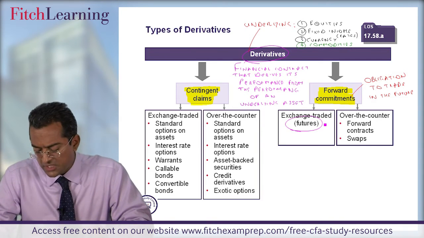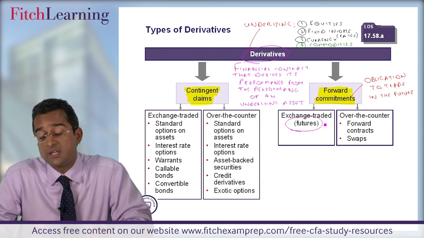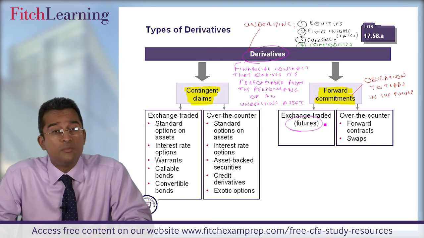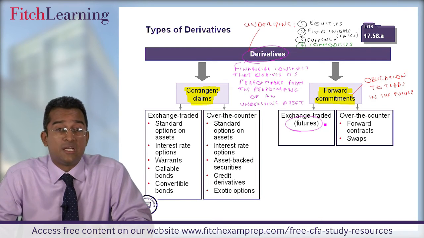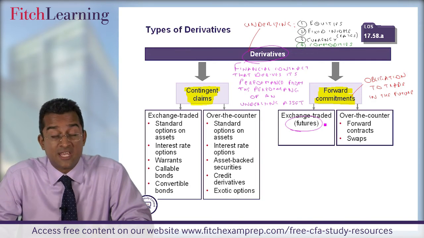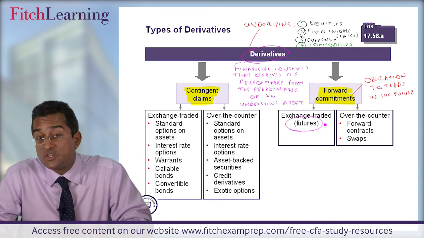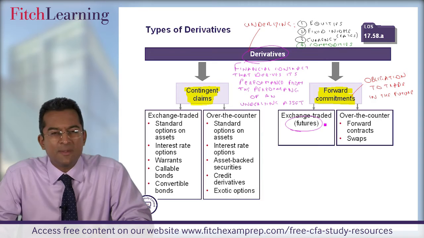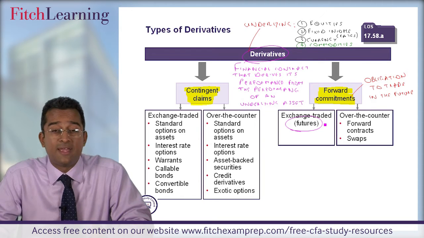Now, futures contracts, folks, are considered to be always exchange traded, essentially, and therefore they will be very much regulated. We can think about major platforms such as the Chicago Mercantile Exchange, or in London the London International Financial Futures and Options Exchange, LIFFE, and the London Metal Exchange, the LME. If we think of these platforms, the trades which happen on them can be done in futures contracts, where you'll have a very regulated and standardized contract.